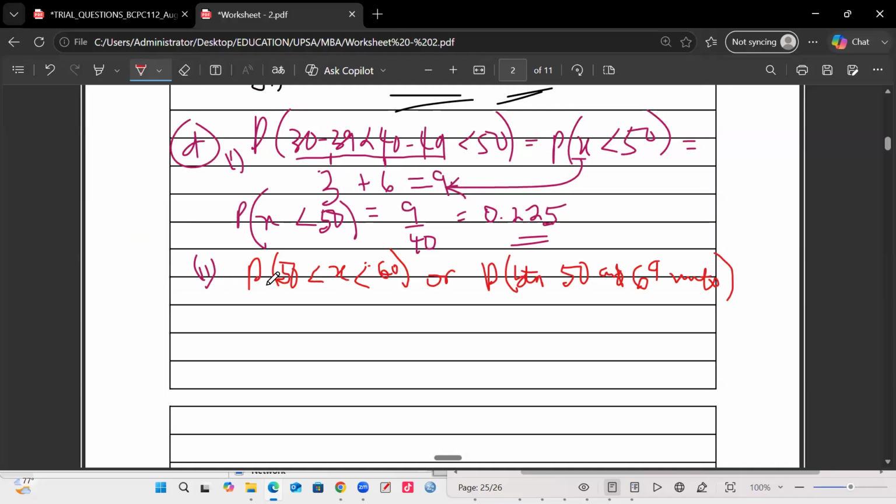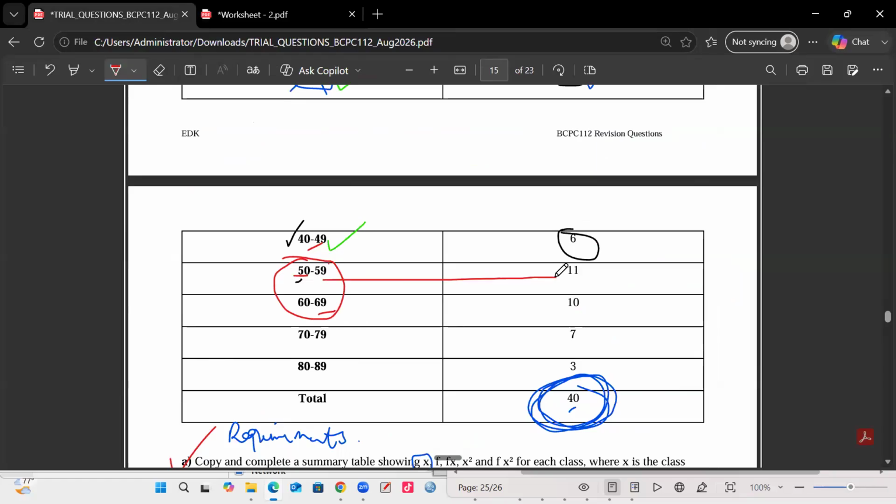Okay, so P 50 and what? 60. So what is between them? The X between them is what? We have 50 and 60 intervals. 50 to 59 intervals. What is the value? 11. Are you good? Yes. Then 60 to 69, what are the corresponding values? 10.